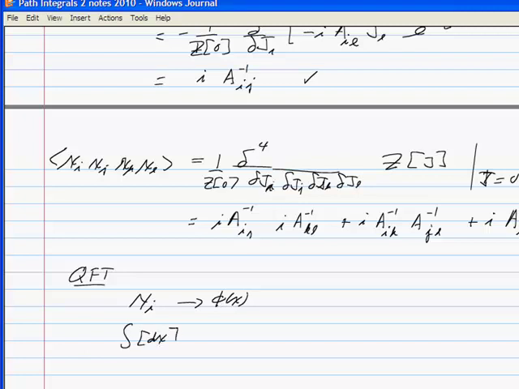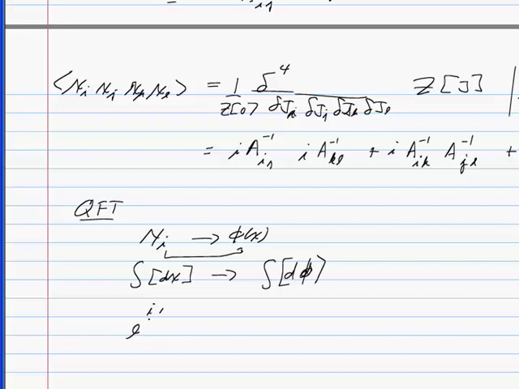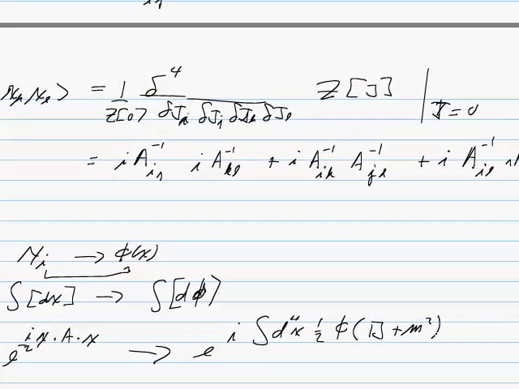The integrals over dx's are going to be replaced by the integrals over dφ's. So the i index is like x there. And the interesting things are going to be, where I had e to the i over 2 x dot A dot x, that's going to turn into something that looks like e to the i integral d4x, 1/2 φ (box plus m squared) φ, which is like the Lagrangian.